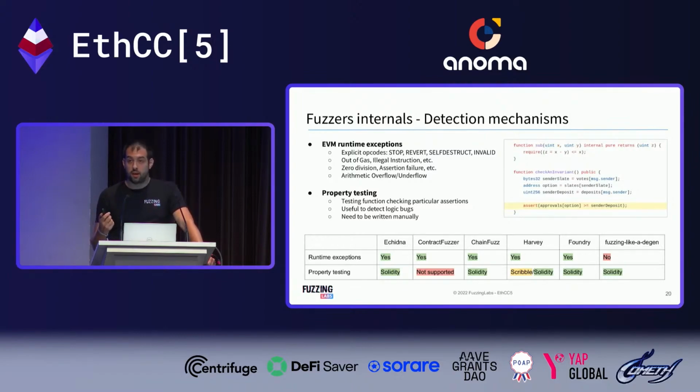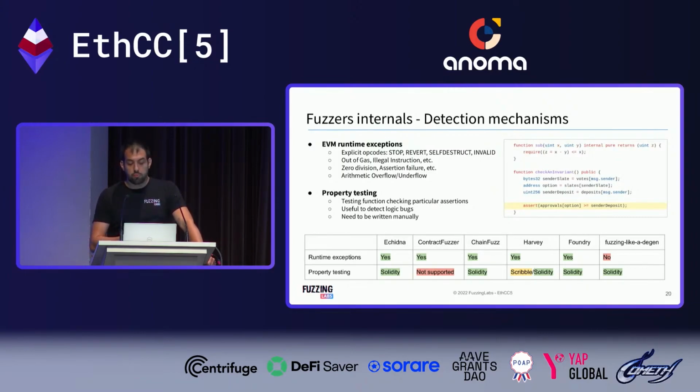That's really nice, but it requires some manual work for you to do. You will need to actually understand the smart contract, write your own property tests, and based on that, do the fuzzing and expect maybe an assertion to fail if something wrong happens.